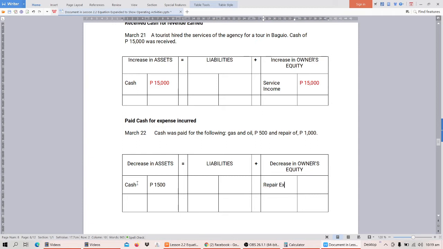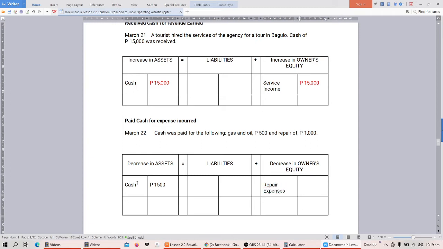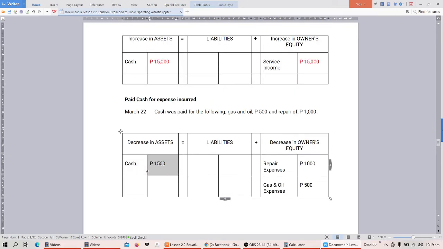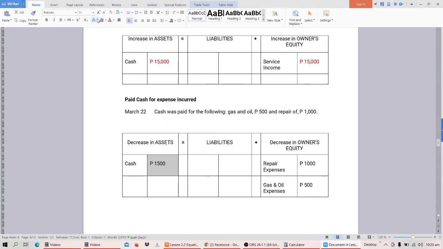Repair expenses amount to 1,000 pesos, and gas and oil expenses amount to 500 pesos. Okay, so the decrease in asset cash by 1,500 pesos with a corresponding decrease in owner's equity for the expenses incurred. Okay, so let us proceed.